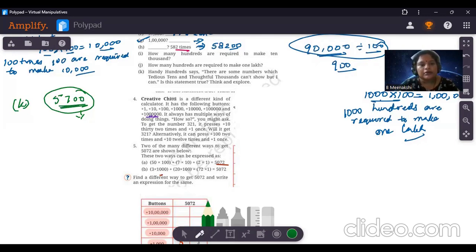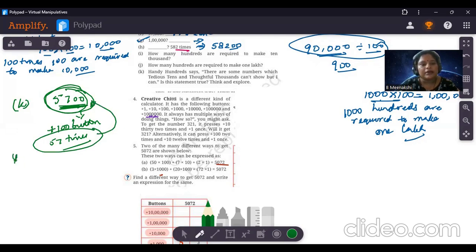Similarly, 5700 is not divisible by 1000, so we cannot use the plus 1000 button, the thoughtful thousands, also. But using the handy 100, if we press the plus 100 button 57 times, then within a very small number of clicks, we can obtain this 5700.